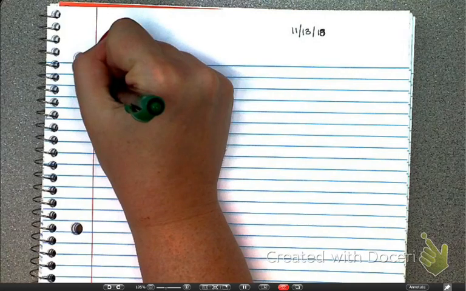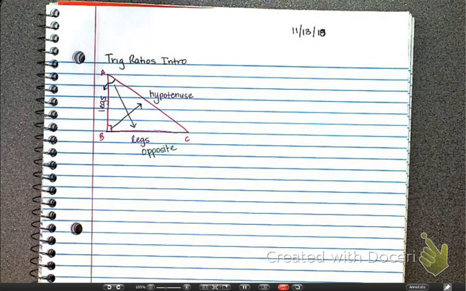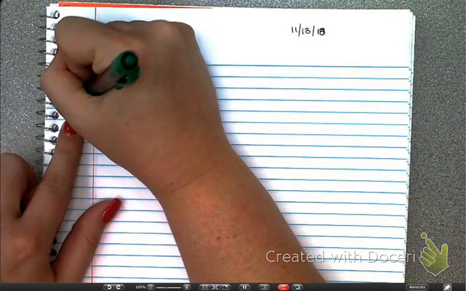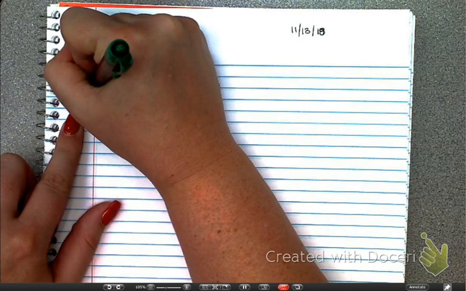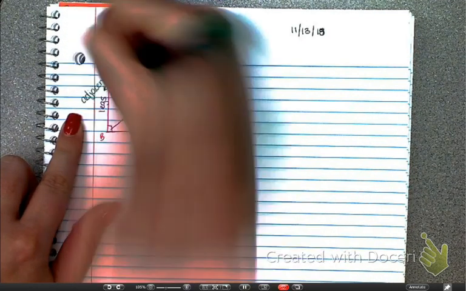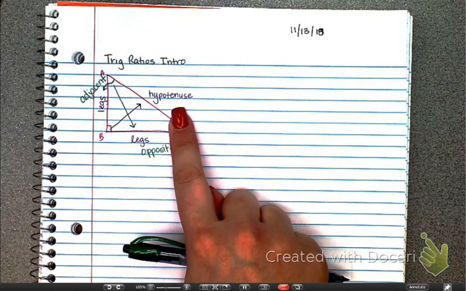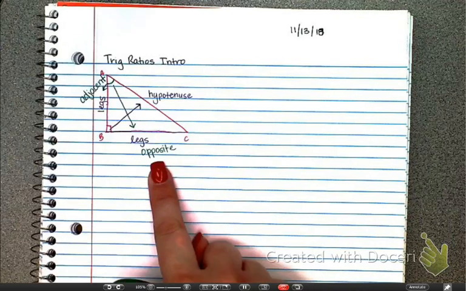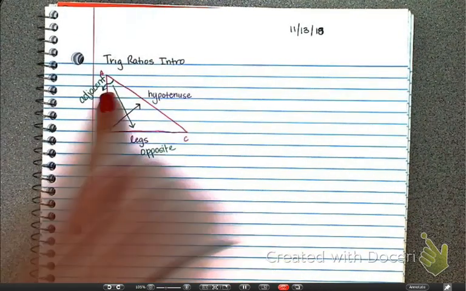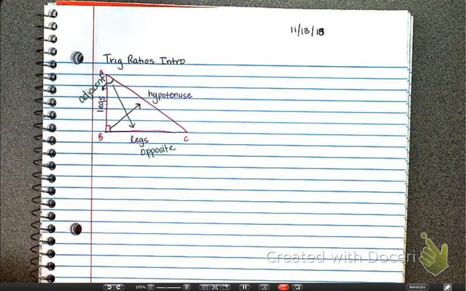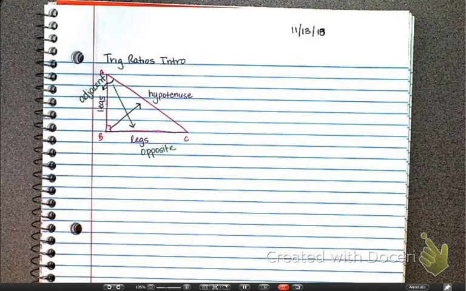Right next to angle A is my adjacent side. So if angle A is my reference angle, the hypotenuse doesn't change. Across from it is opposite. Right next to is adjacent. Are we okay with that?